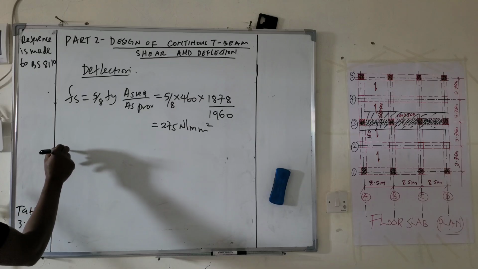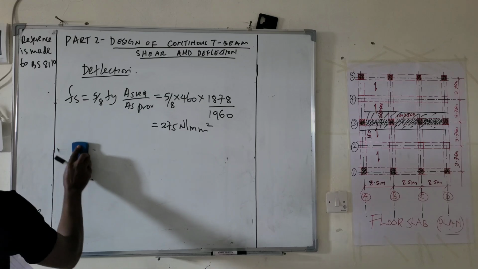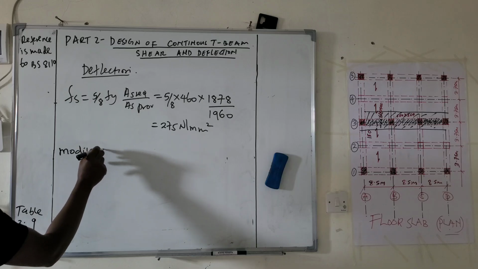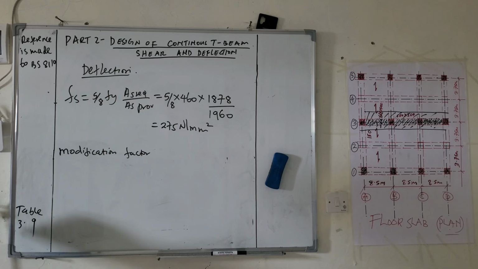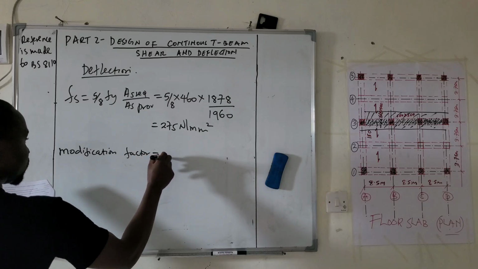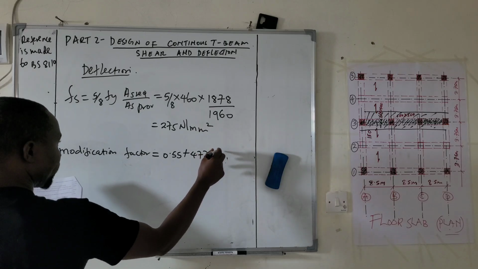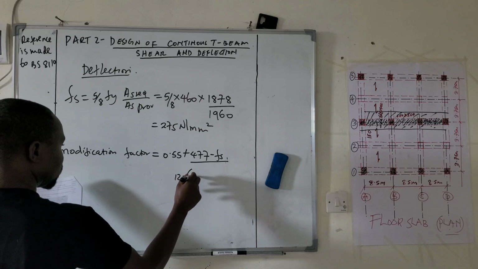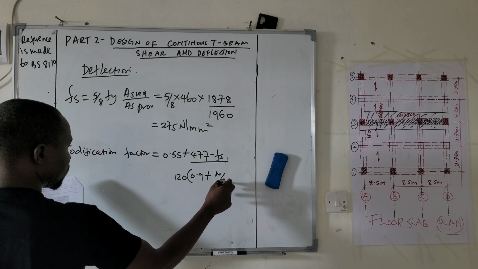And then the modification factor, which is given by this formula, 0.55 plus 477 minus Fs over 120, 0.9 plus M over bd square.